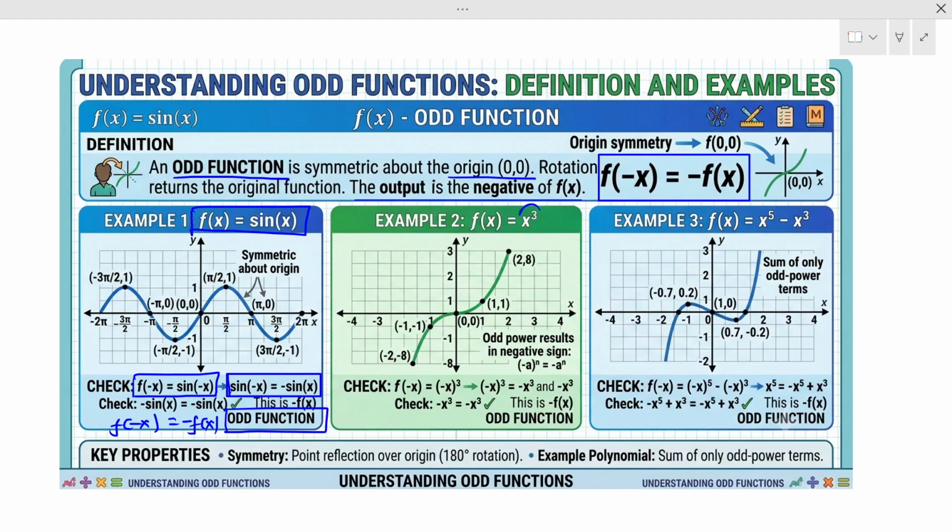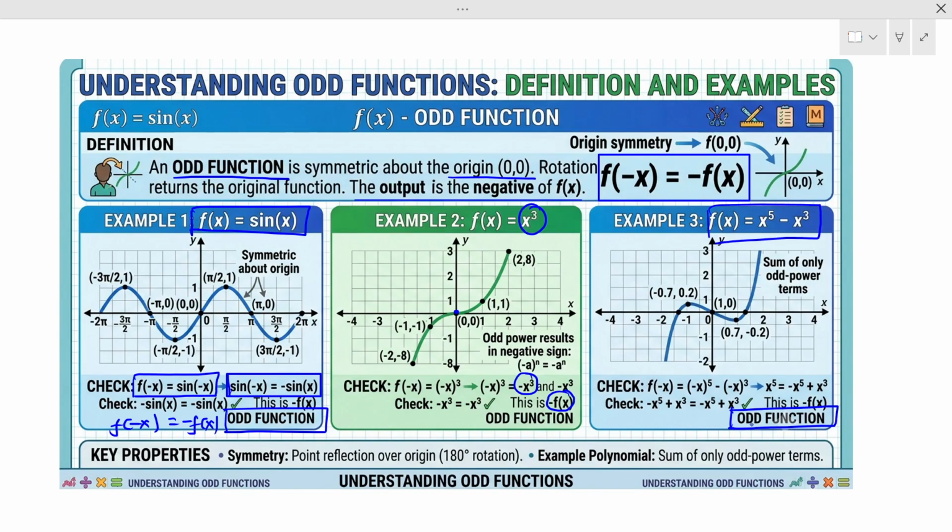Second, we can check for x cube. This is symmetric only about the origin, right? So f of minus x will be minus x cube, which is the same as minus f of x. Same we can check for this as well.